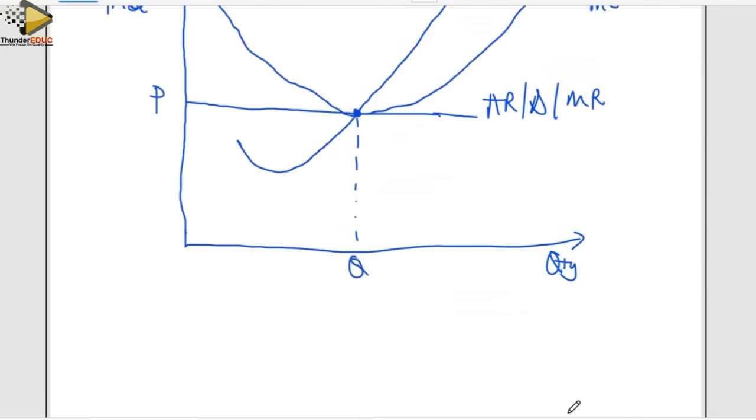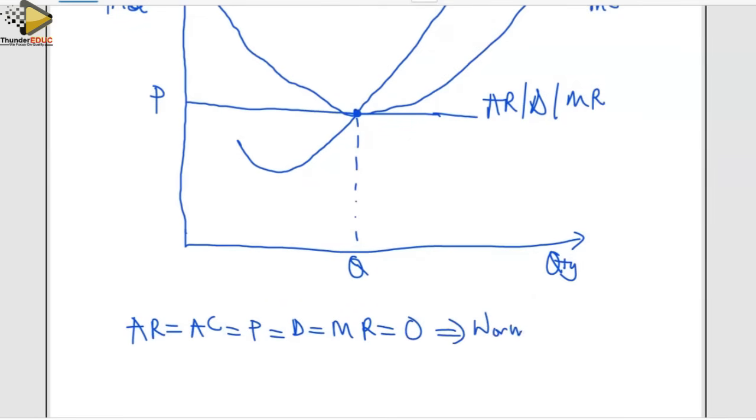So why are we saying this is a normal profit point? We are saying average revenue is equal to average cost is equal to the price is equal to demand is equal to marginal revenue, which is normal profit.